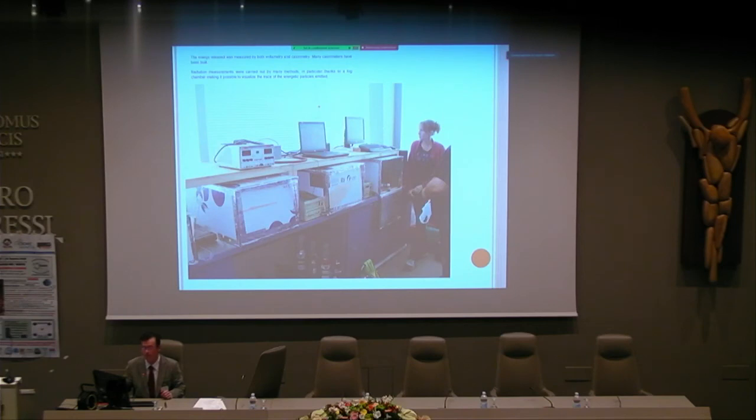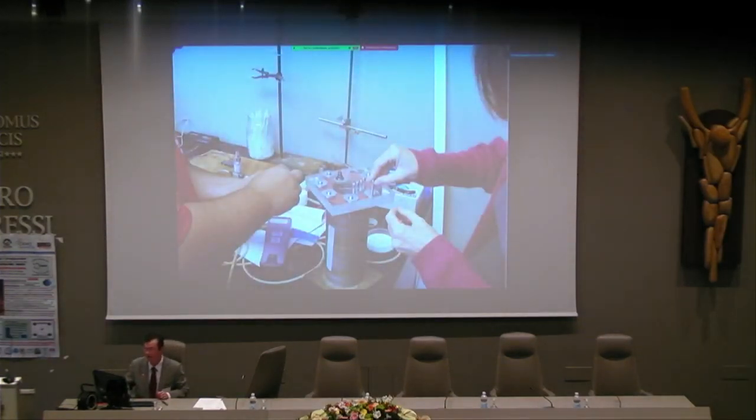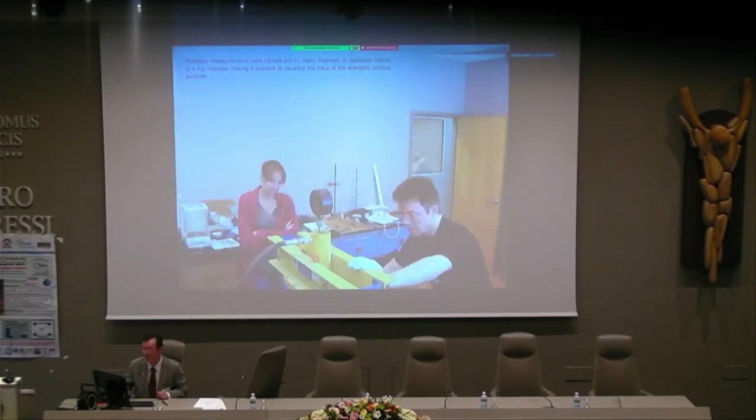They also do calorimetry. This is their calorimetric lab with a homemade calorimeter and the fusion diode inside. A homemade vacuum tank.